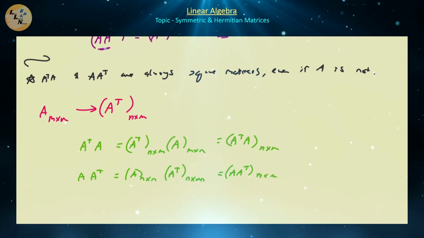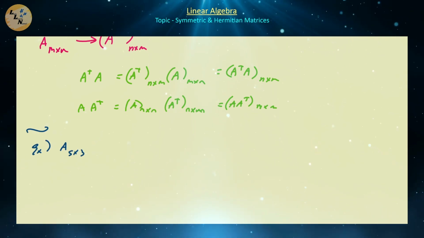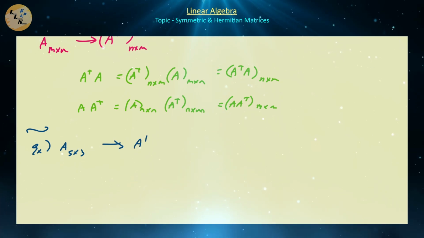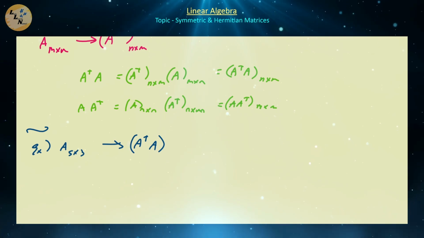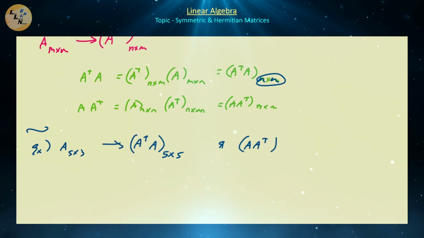So if we look at a numerical example of what's going on here, let's assume that A is a 5 by 3 matrix. That means A transpose A is going to be equal to what type of matrix? It's going to be the number of rows times the number of rows, so that's going to be a 5 by 5 matrix. And A A transpose is going to be the number of columns times the number of columns matrix, so that's going to be a 3 by 3 matrix, right?